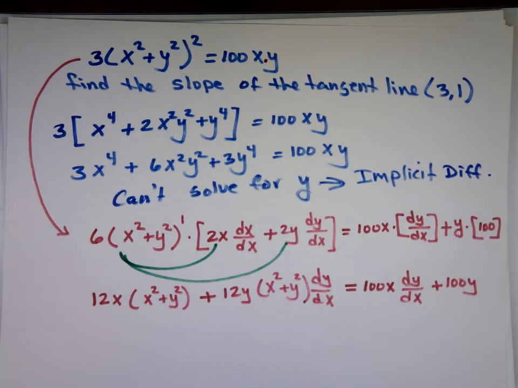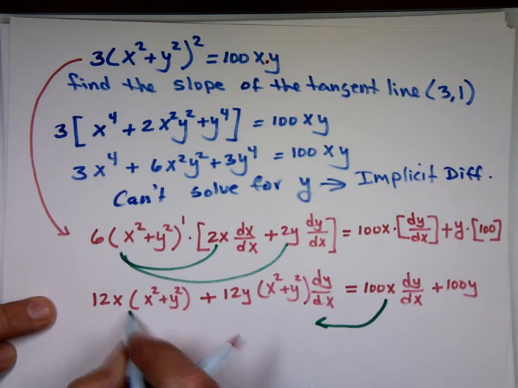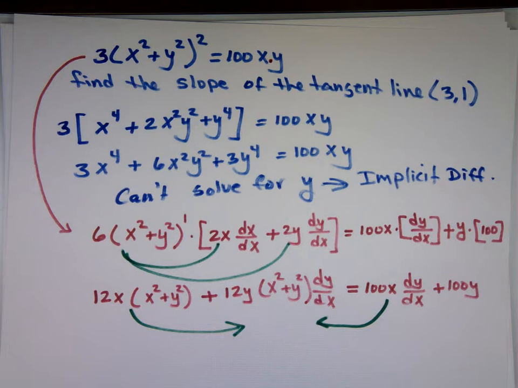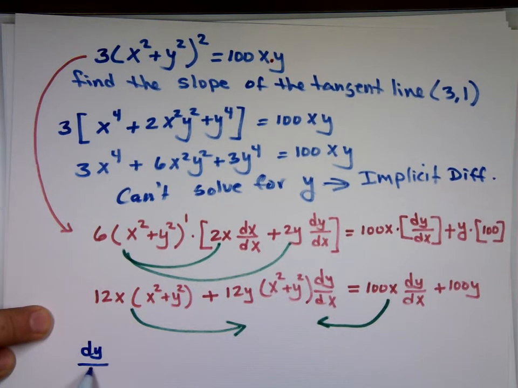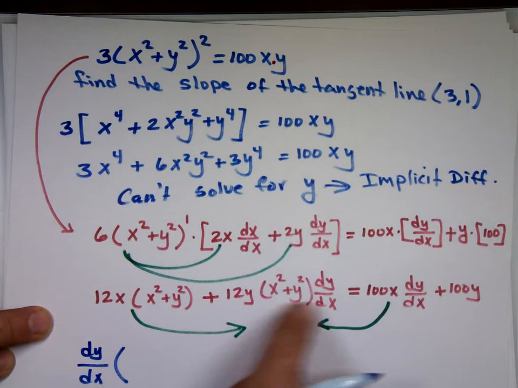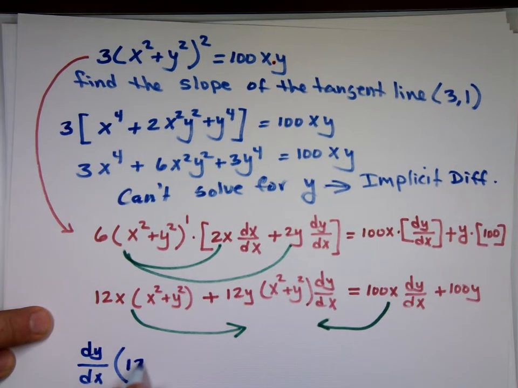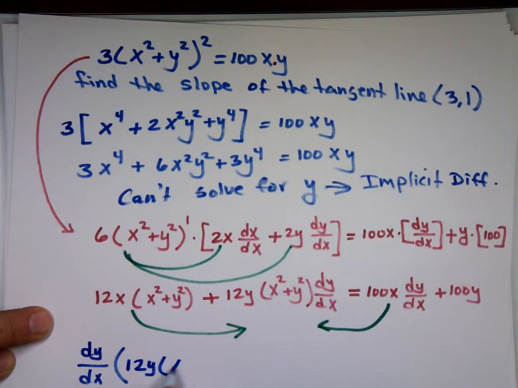Which means I want to take all the ones that have dy dx in them and put them on one side, and all the ones without dy dx on the other side. So let me bring this one to this side and take this one to that side. I'm going to collect like terms. If I factor dy dx out, this piece is going to have what? 12y times x squared plus y squared.